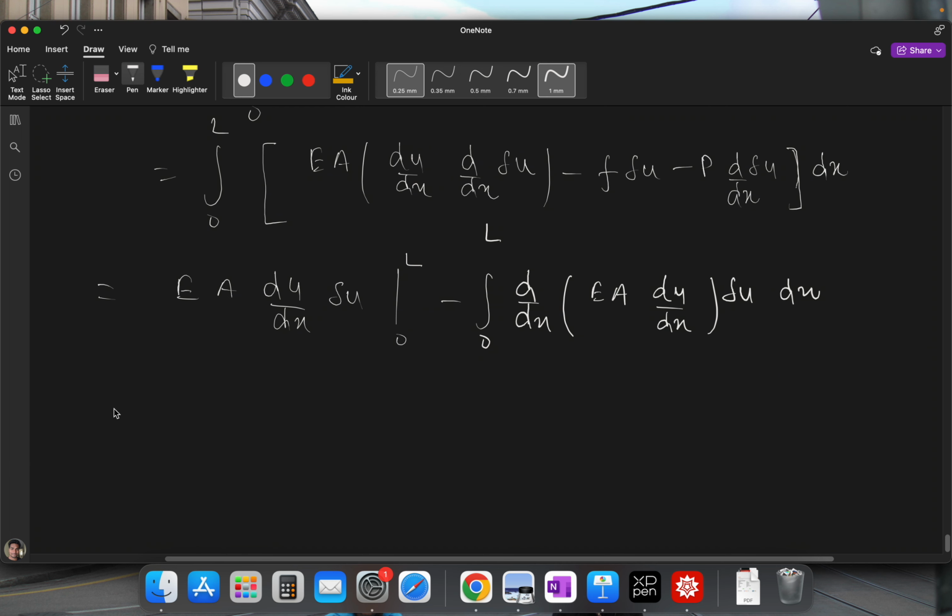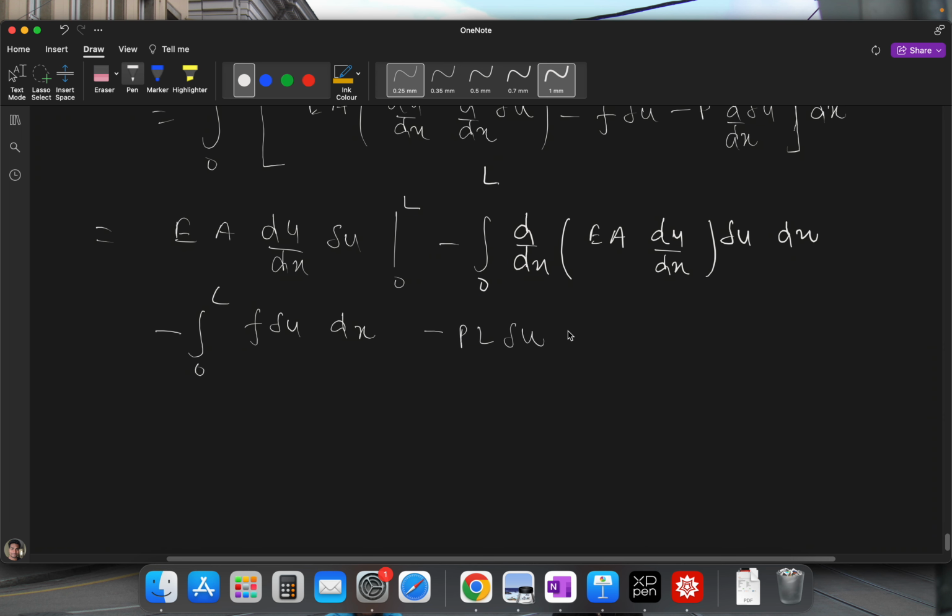So now, the integral from 0 to L of f del u dx minus PL del u. Right? And here you already know that del u equal to 0 at x equal to 0.